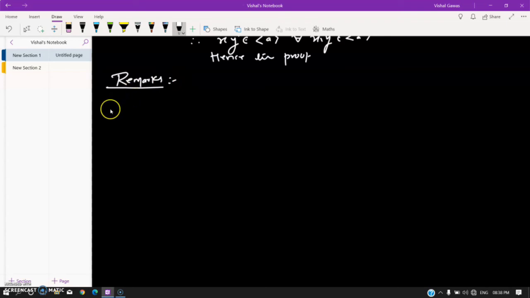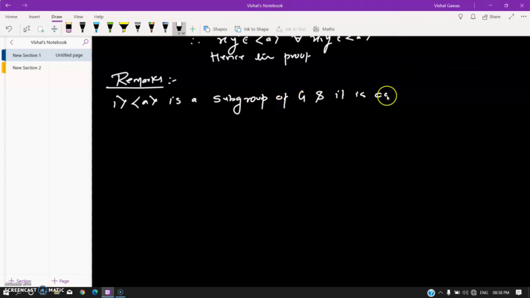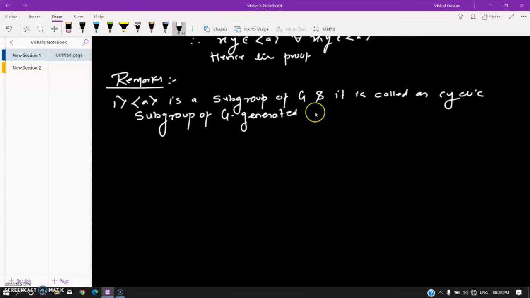First one: A is a subgroup of G and it is called the cyclic subgroup of G generated by A, or you can also similarly call it the group generated by A.